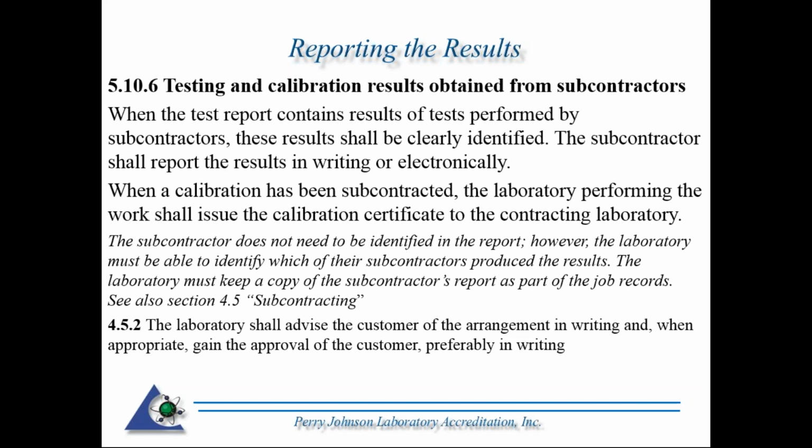When a calibration has been subcontracted, the laboratory performing the work shall issue the calibration certificate to the contracting laboratory. So you're the contracting laboratory, you're submitting it to the subcontractor, and the report is issued to you as the contracting laboratory. The subcontractor does not need to be identified in the report. This is the report that you're issuing to your customer. However, the laboratory must be able to identify which of their subcontractors produced the results. The laboratory must keep a copy of the subcontractor's report as part of the job records.